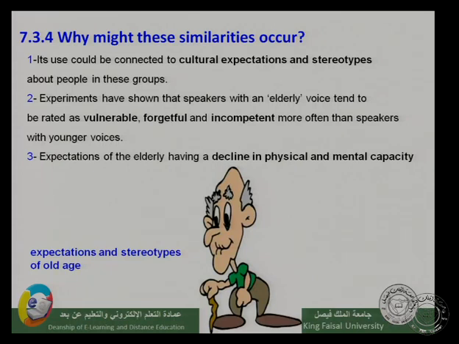So we expect an old man to have started the decline of his physical and mental ability, and so we use a language that suits his abilities and her abilities.